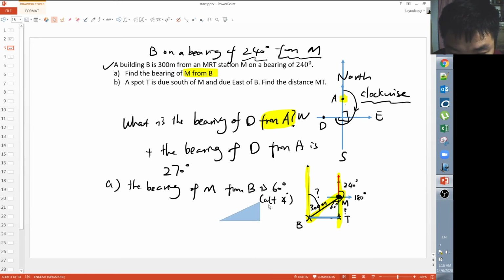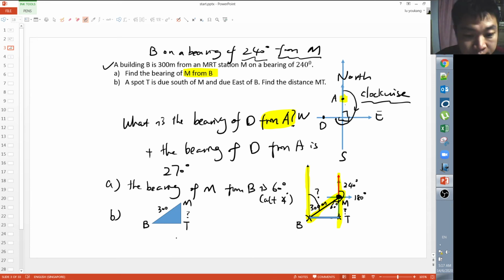I hope you can see the right angle triangle here for part B. This is your point B, over here this is your point T, and this is M. And clearly this is your 60 degrees, and here is your 300. And you are asked to find MT, which is here.